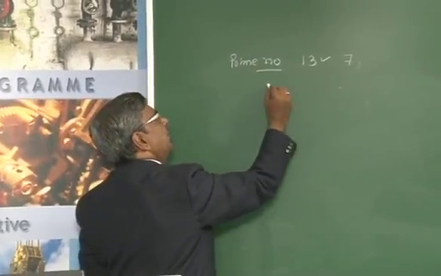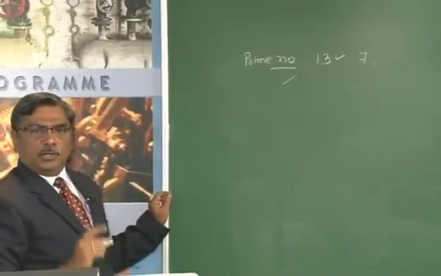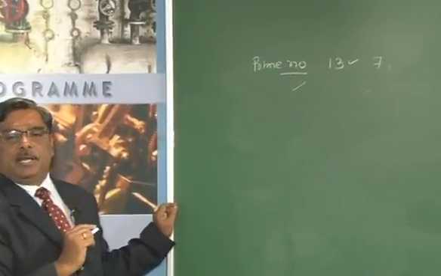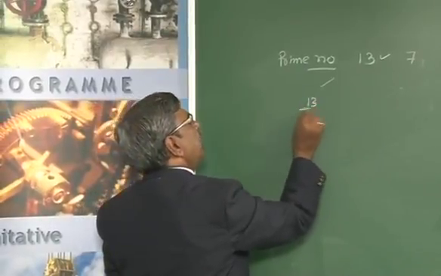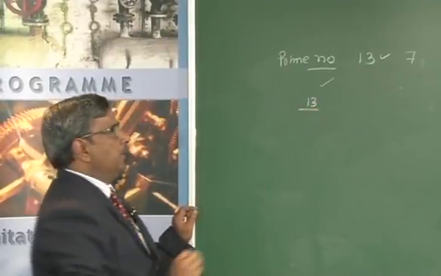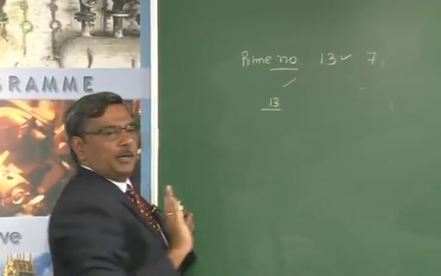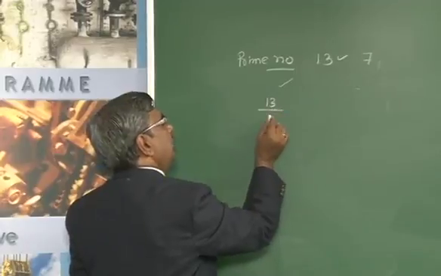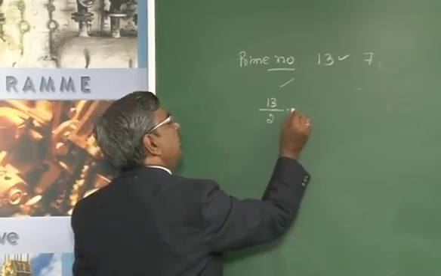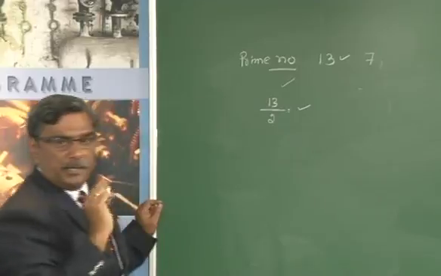Now the user will give a number. Now you have to say whether the given number is prime or not. How to check whether 13 is prime or not? First, all numbers are divisible by 1, so I will not check from 1, I will check from 2. First 13 is divided by 2, whether you will get a remainder 0, remember this.